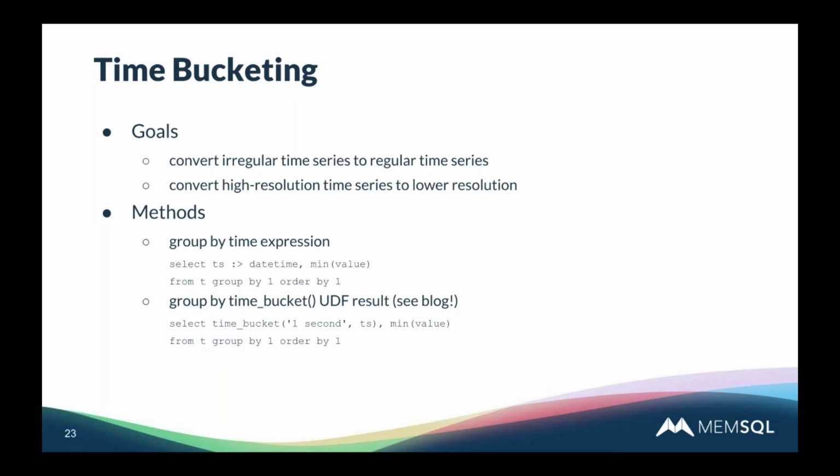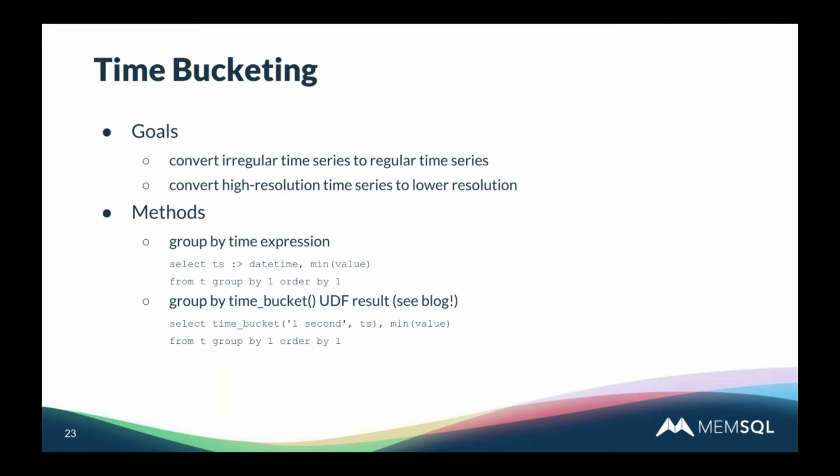For example, in that query that says select TS :> datetime and so on, that expression TS :> datetime is a typecast in MemSQL's SQL, and it converts that timestamp to a datetime, not a datetime 6.